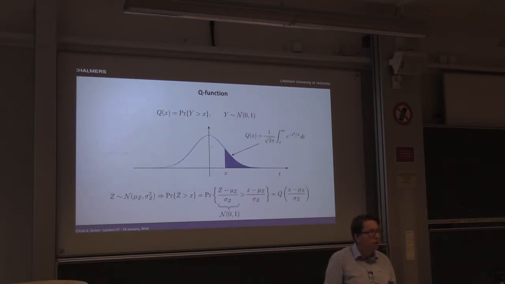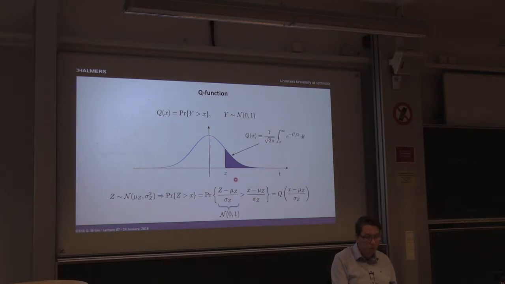So, the Q function. You've seen Q functions before, but maybe they were not called Q functions. The Q function, Q of x, is the probability that Y is greater than x, where Y is a standard Gaussian random variable, so it has mean 0 and variance 1. If we plot the Gaussian PDF, it's this bell shape here, and Q of x is the probability that the Gaussian random variable exceeds this value x, which we get by integrating the tail of the Gaussian PDF.